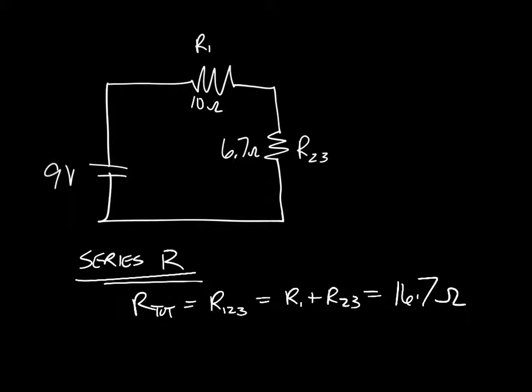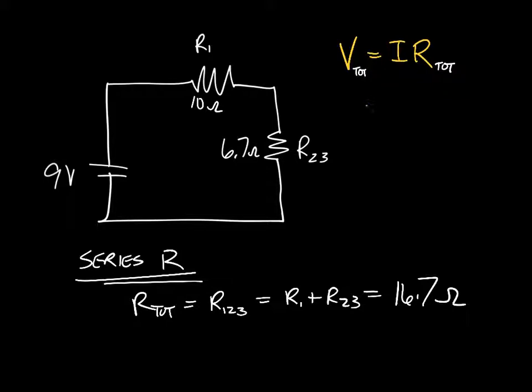And so that means with Ohm's law, the general version here, the assumption with Ohm's law is that for whatever you're dealing with, it's the total voltage across that and the total resistance. Okay? And in a series circuit, there is only one current.